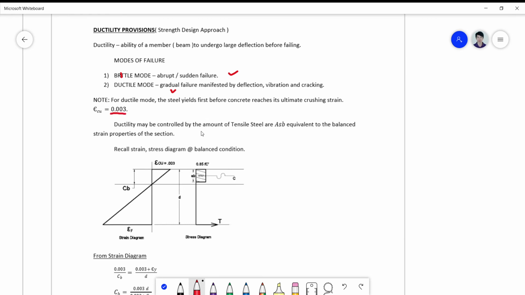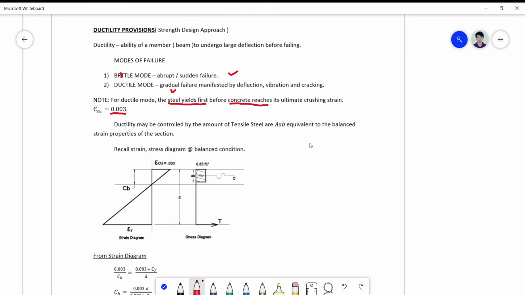So it's no longer a balanced condition because there's no simultaneous yielding, but steel will yield first before concrete crushes. A brittle failure is the reverse. The concrete crushes first before the steel yields. We don't want that to happen.